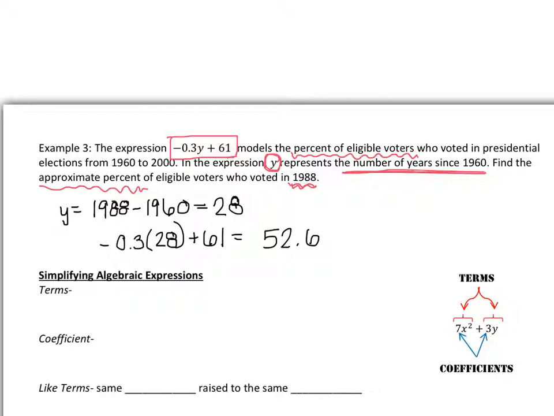Like years, inches, what is it? Percent. It's percent. Okay, so that percent represents what? It represents how many eligible voters voted in 1988. Only half of all the people who are eligible to vote voted. Tad bit over, but approximately.